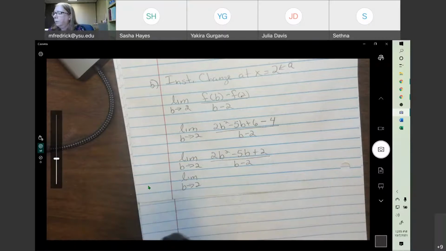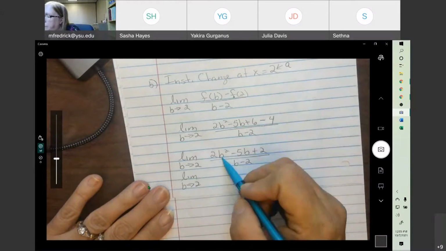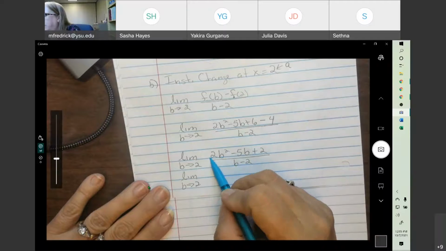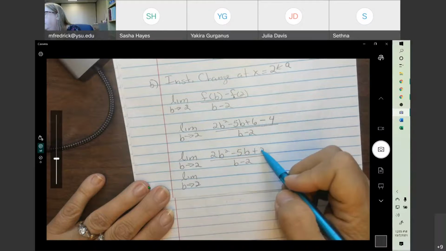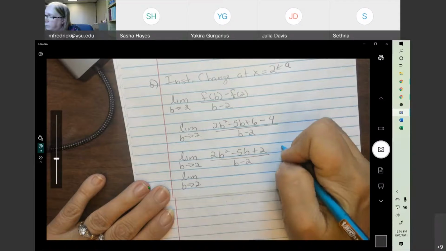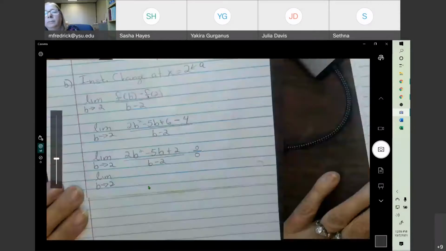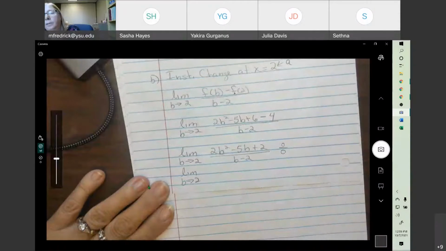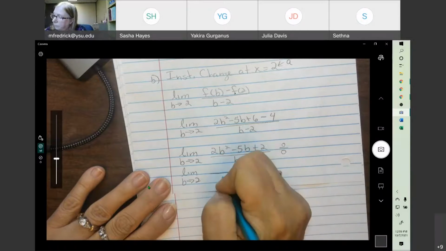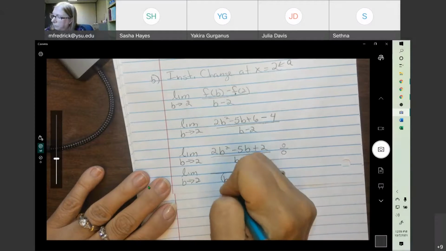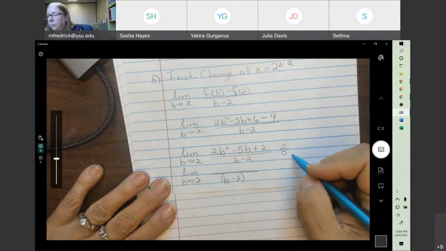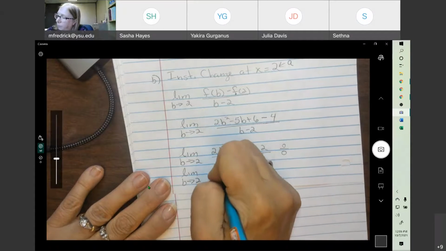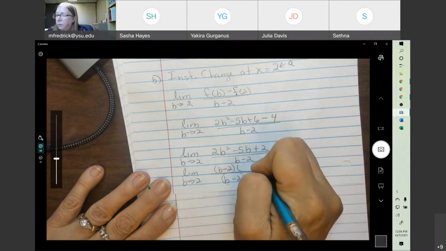If you plug 2 in the top, 2 squared is 4 times 2 is 8, minus 10 plus 2 is 0. You will get 0 over 0, so we need to factor it. Because we're getting 0 over 0, we know that one of the factors has to be b minus 2.